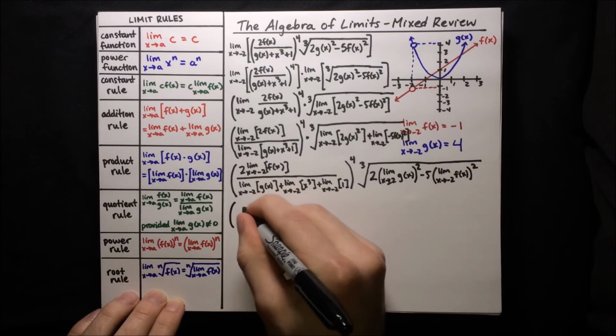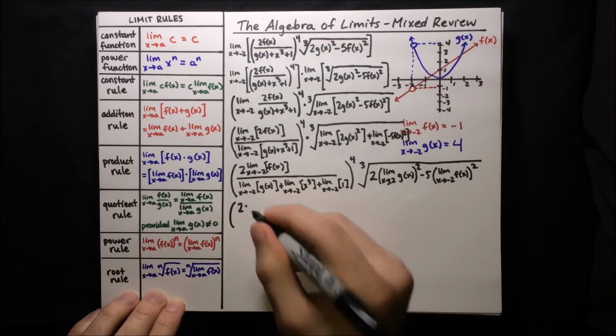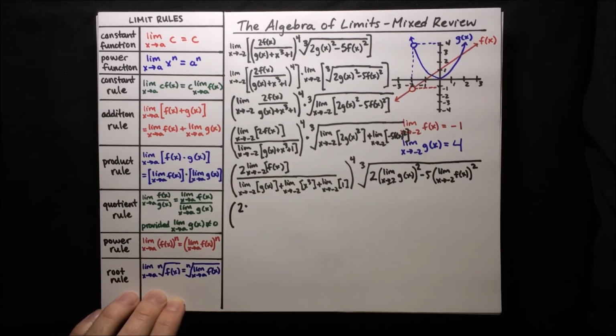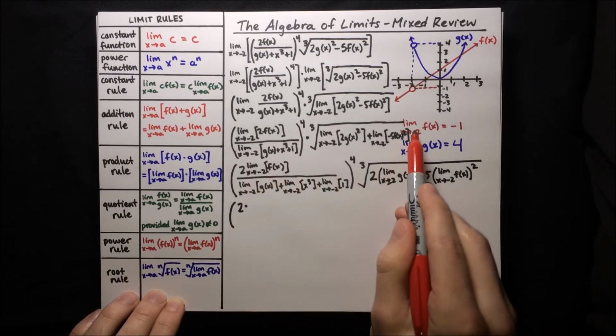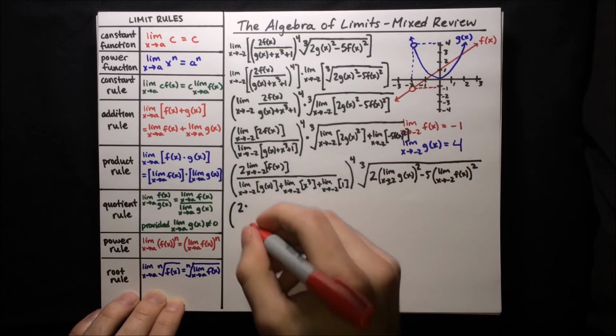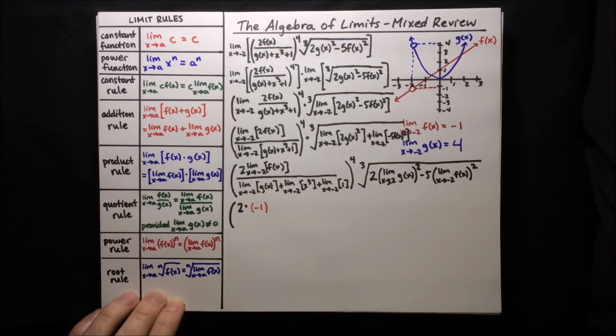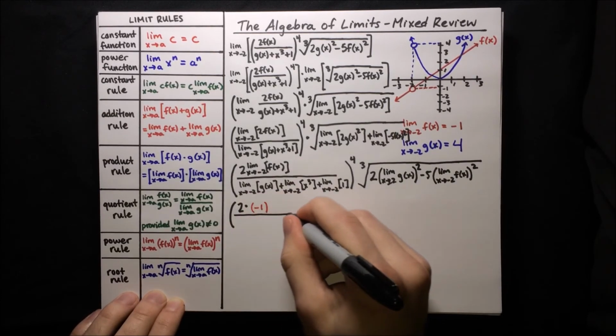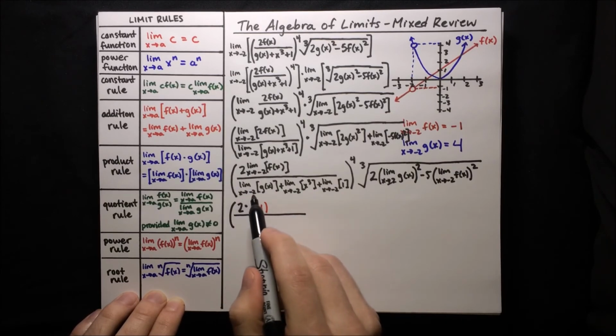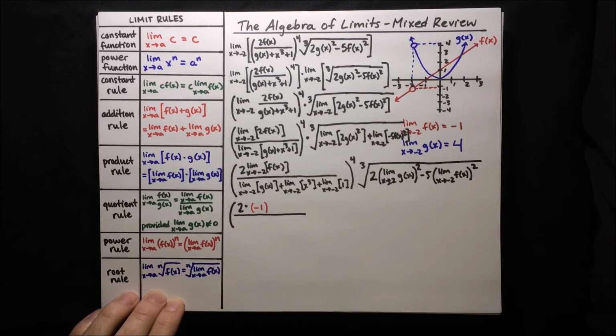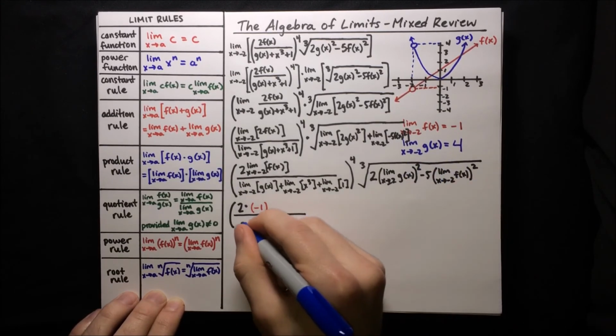Okay, so now it's time to go ahead and plug in for our limits. So this top becomes 2 times the limit as x approaches -2 of f of x, which we know from right here, that's -1. So 2 times -1, and that's all divided by the limit as x approaches -2 of g of x, which we saw was 4.